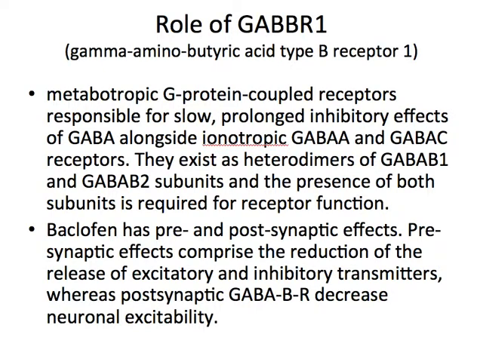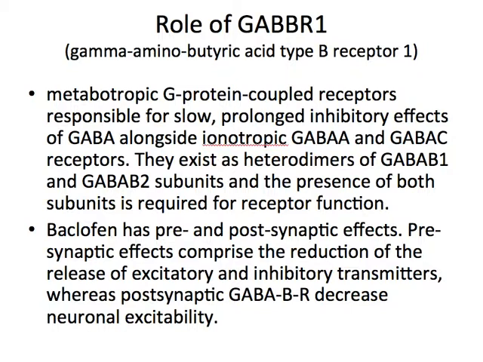It is a metabotropic G-protein coupled receptor responsible for slow, prolonged inhibitory effects of GABA alongside ionotropic GABA A and GABA C receptors. They exist as heterodimers of GABA B1 and GABA B2 subunits, and the presence of both subunits is required for receptor function.